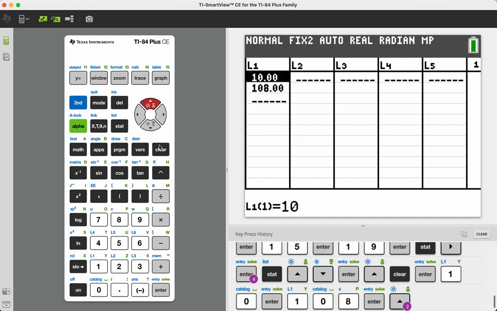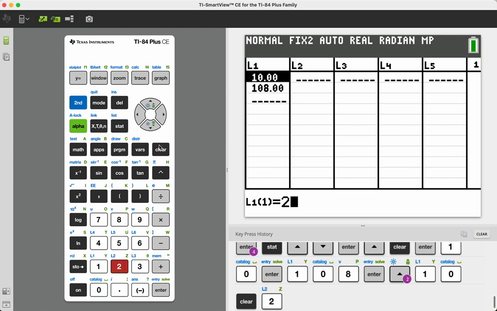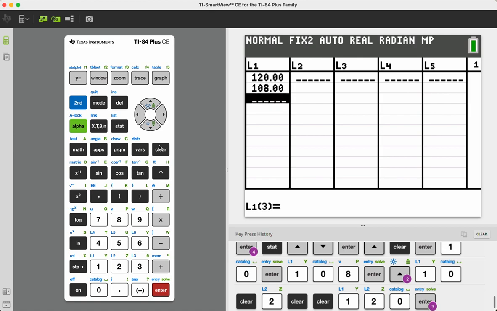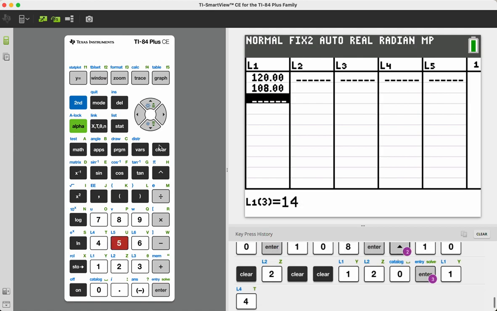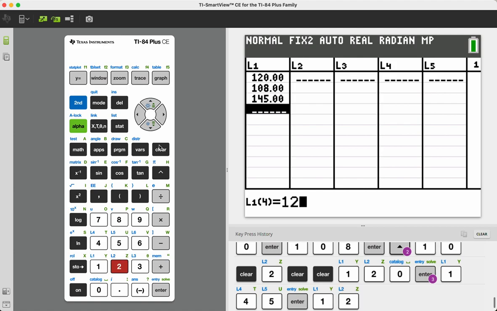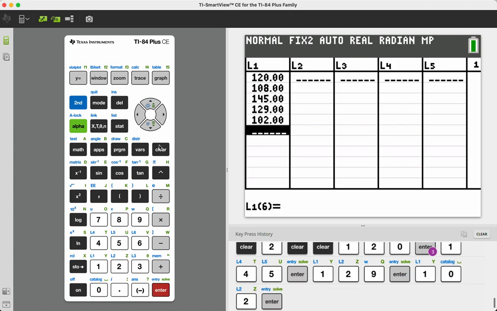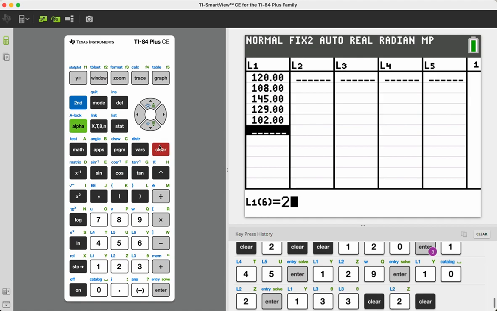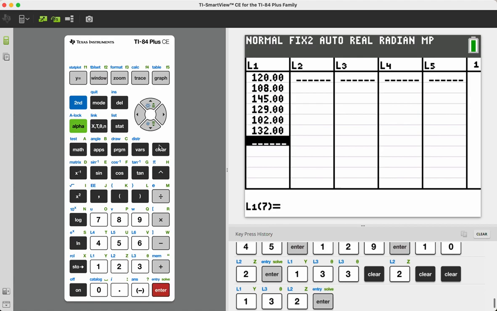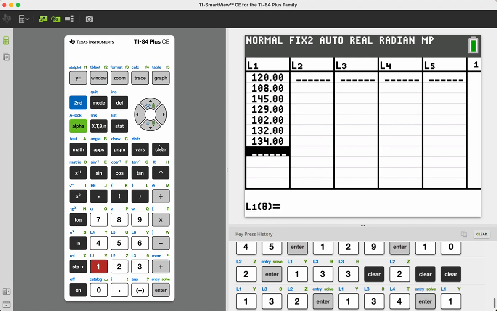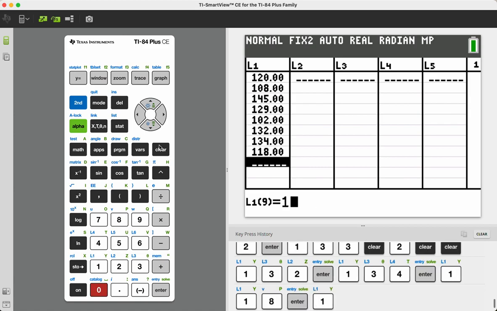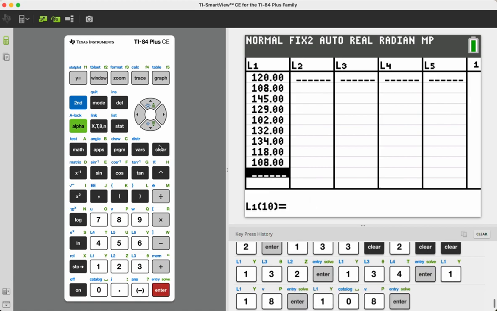Remember, if I type it wrong, I can just come back. 120, 108, 145, 129, 102, 132. Apparently, my 2 button is sticking on my computer. 134, 118, and 108. So I've got all my data points in.